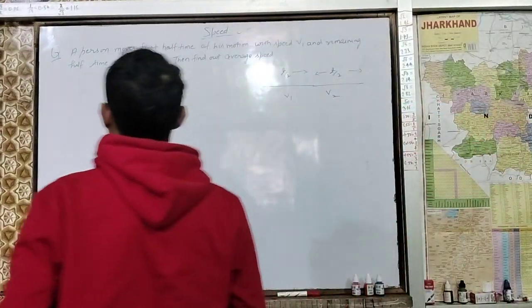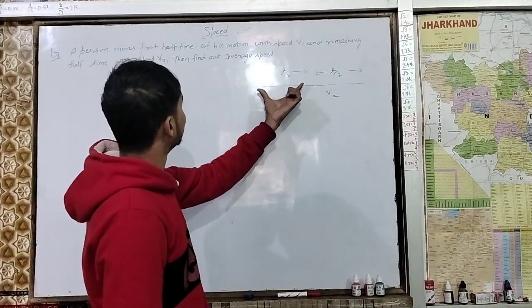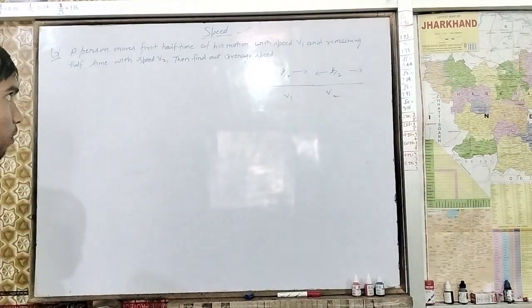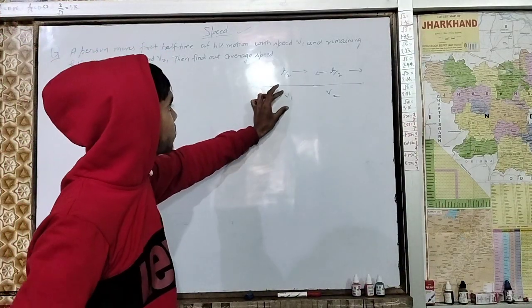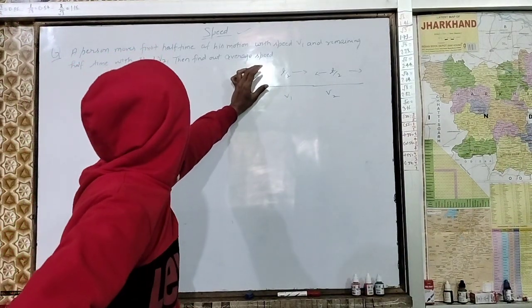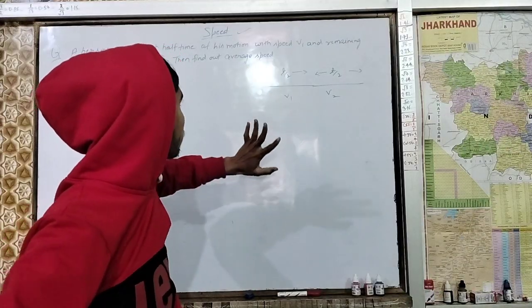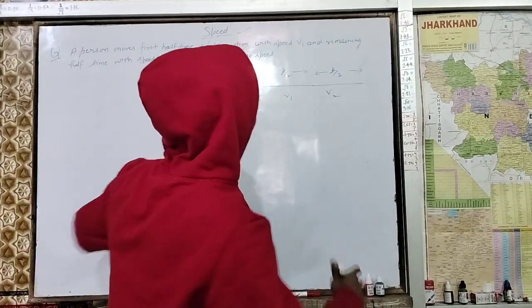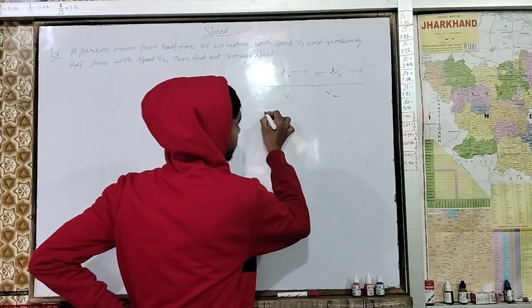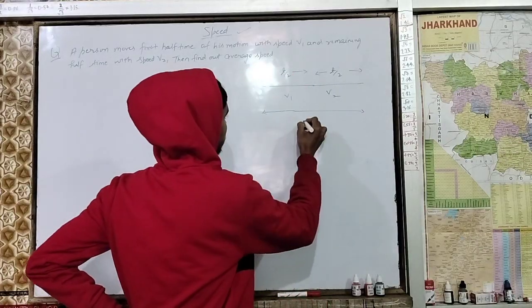A person moves the first half of his motion with a speed v1, in this half time he moved. And the remaining half, can you say that this is part of the complete t?